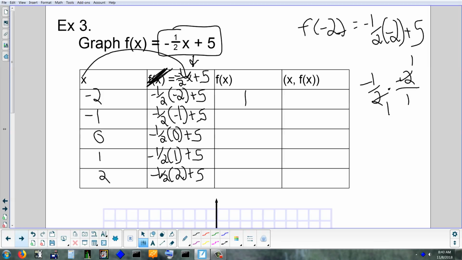Next, negative 1/2 times a negative 1. Negative times a negative gives a positive, because all I'm doing is multiplying the top times the top, the bottom times the bottom. 1 times 1 is 1, 2 times 1 is 2. It's 1 over 2, and you guys just told me it's a negative times a negative, so the result is a positive.